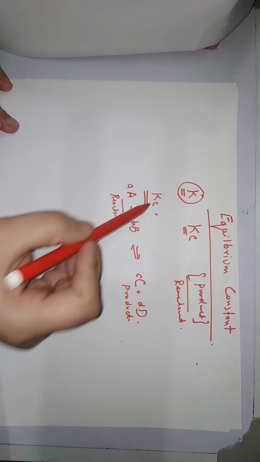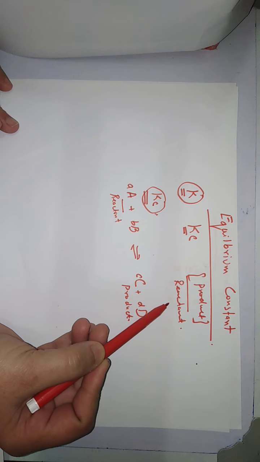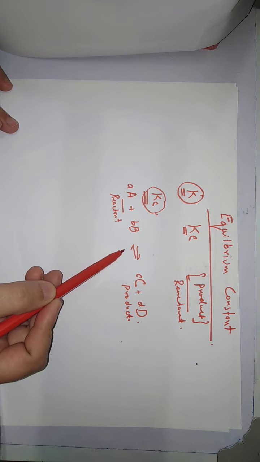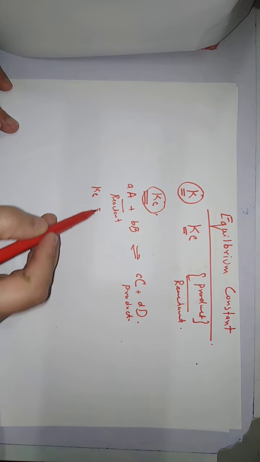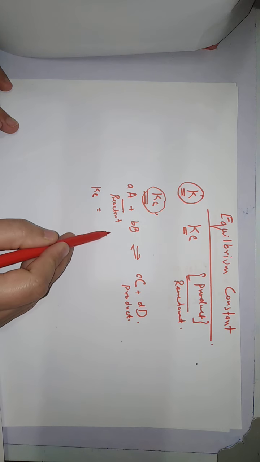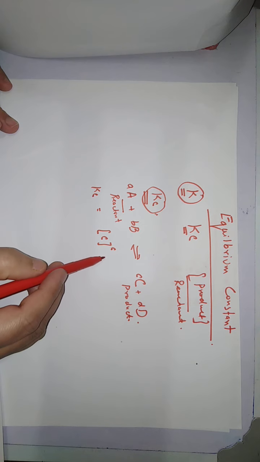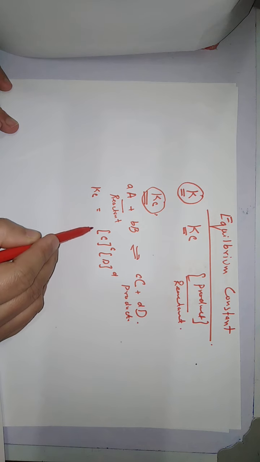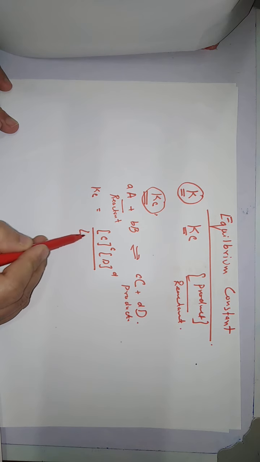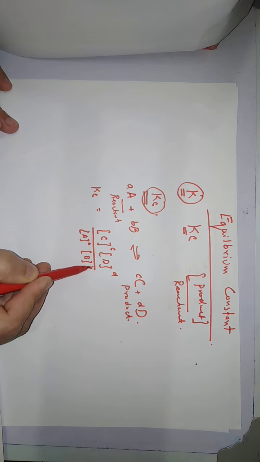Now, according to the equilibrium constant expression definition, it is the concentration of product over the concentration of reactant in a reversible chemical reaction. So, when we express this chemical equation in terms of equilibrium constant expression, it is the molar concentration of the products raised to the power of their coefficients over the concentration of the reactants raised to the power of their coefficients.